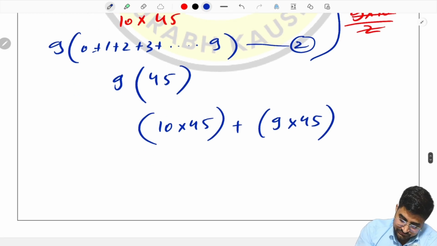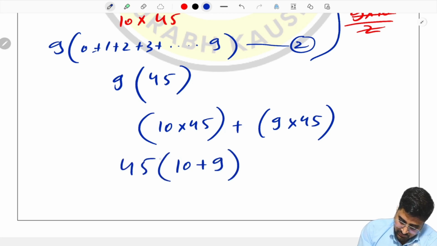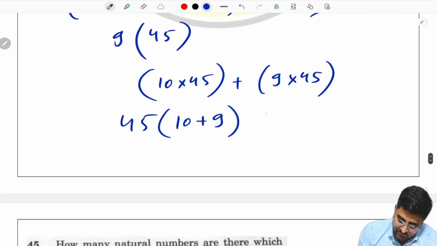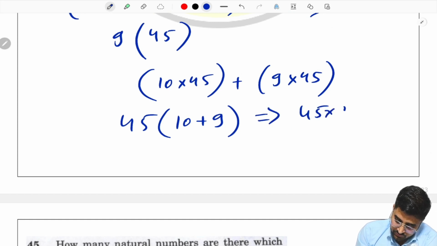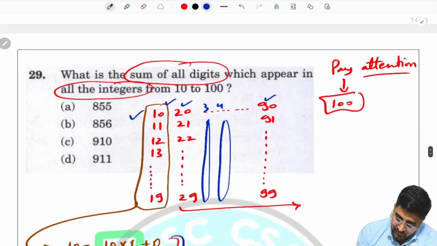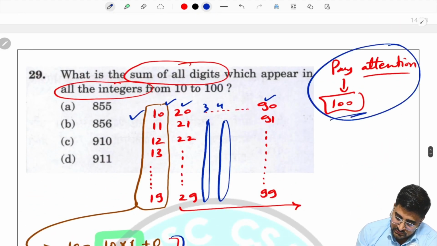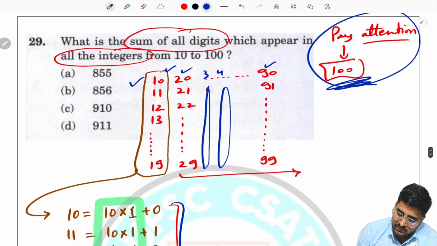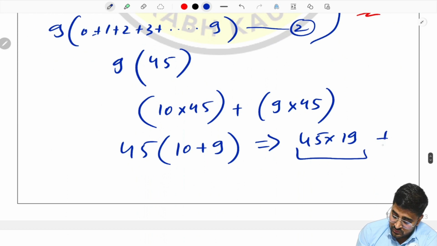What does this come to? If you take 45 common, this situation comes: 10 plus 9. So this comes as 45 into 19. And do not forget about the 100 term, and the sum of its digits is 1 only. So put 1 here.